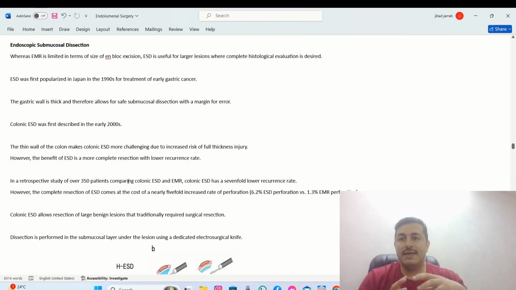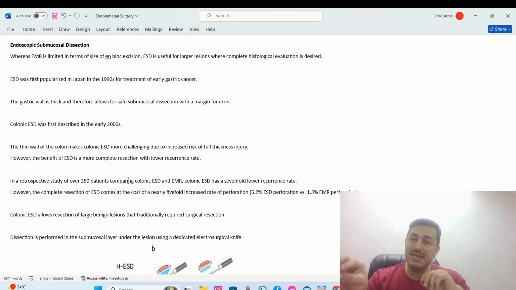It's clear that in endoscopic submucosal dissection we go a little bit deeper when we compare it to mucosal resection. If you remember, when we talked about endoscopic mucosal resection, one of its disadvantages was that when we remove the lesion using a snare, we may not be able to remove the lesion en bloc, and this will limit the histopathological examination. In mucosal resection, we remove it piecemeal.